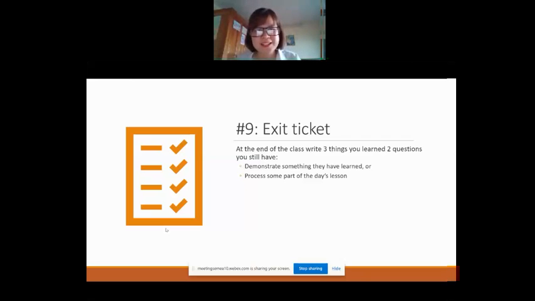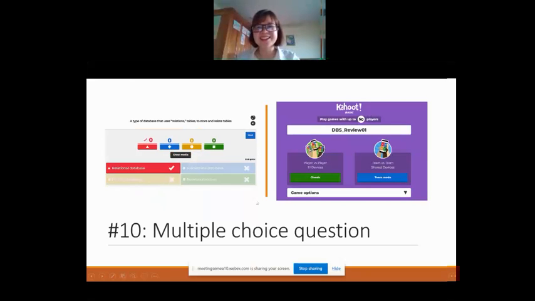And the tenth one, this is also a very interesting thing to use. That's a multiple choice question, but it's not the normal multiple choice question using pen and paper or using a Word file.